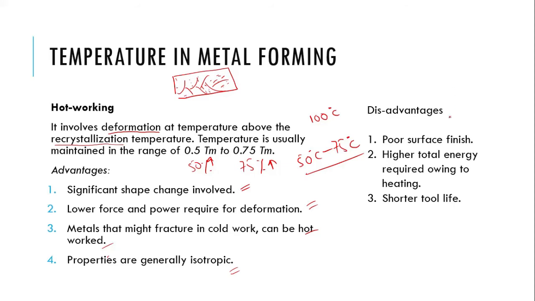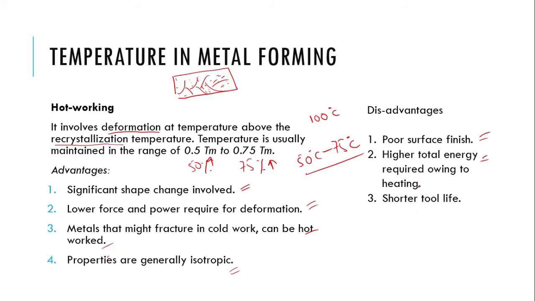Some common disadvantages are, we have a poor surface finish because there's heating of the material involved, and there's a possibility that oxidation occurs at the surface, so that's why they have a poor surface. We have high energy requirement for the furnace because we need to heat the material to such high temperature. Obviously, for metals or steels it ranges in several hundred degrees centigrade.